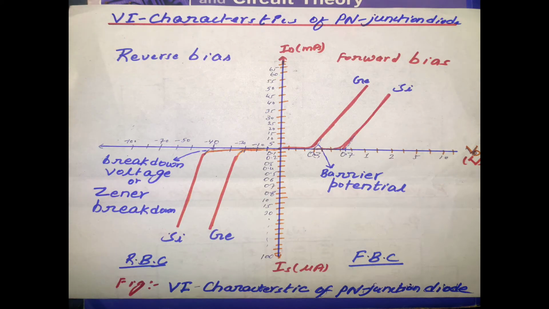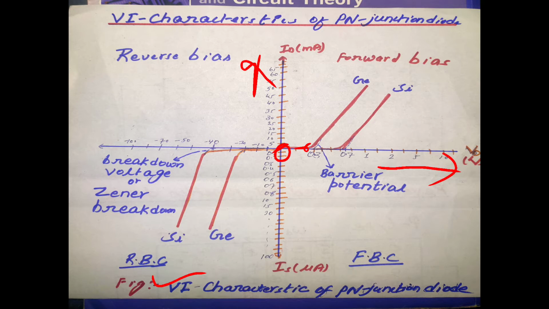So you can see here this is our VI characteristic graph for the PN junction diode, where the y axis is representing the current and the x axis is representing the barrier potential. Suppose that in case of forward biasing we have applied 0 voltage initially, then there will be no change in the current, and we increase to 0.2 volt.